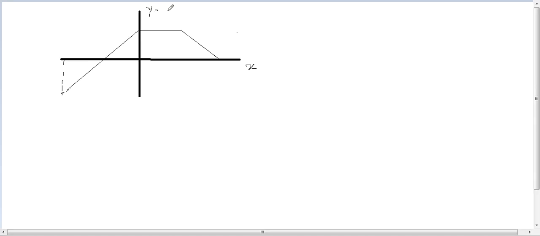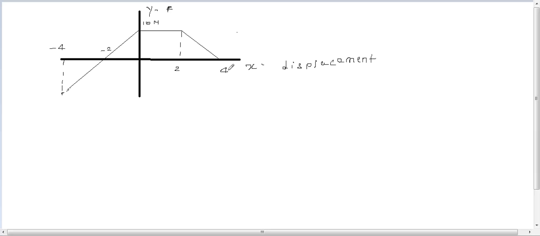This y-axis is basically force, and this x-axis is basically displacement. This is 10 Newton, this is minus 2, and this is minus 4. And this is 2, and this is 4.